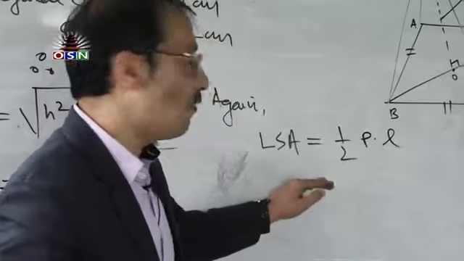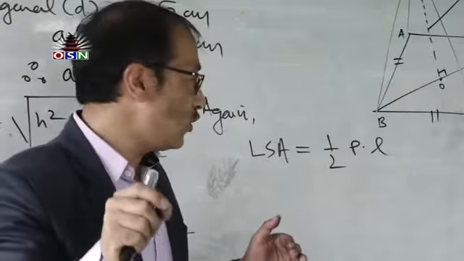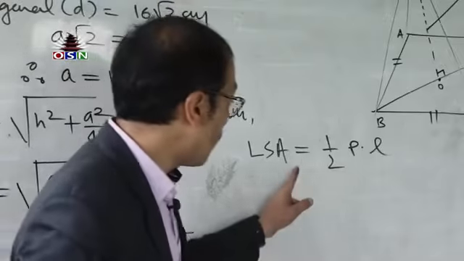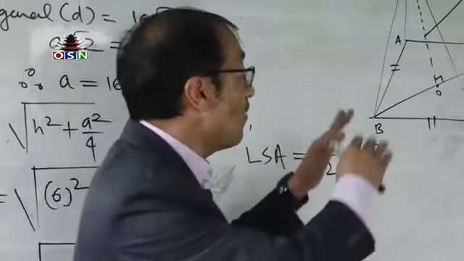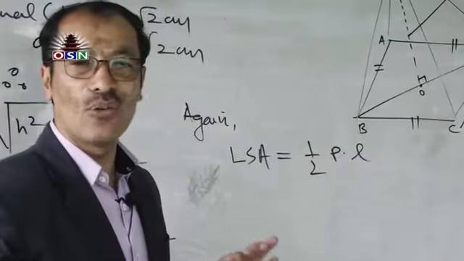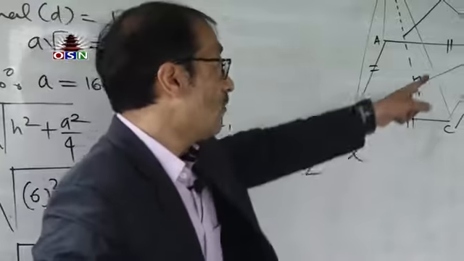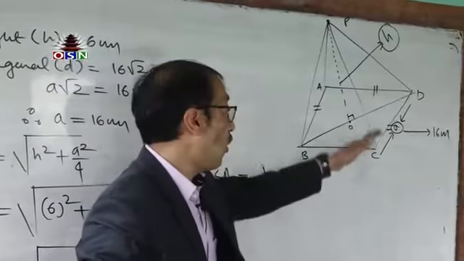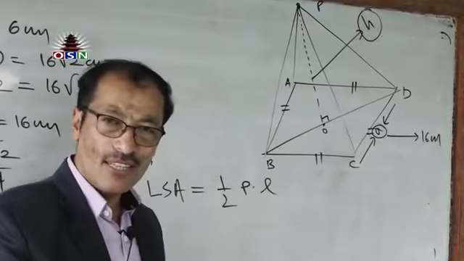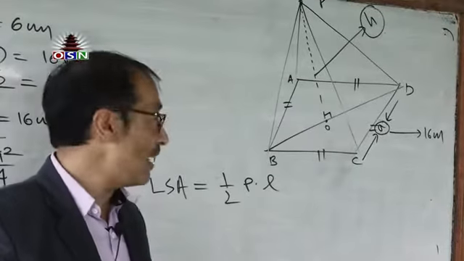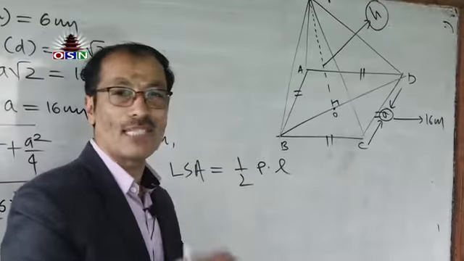This is the formula for lateral surface area. I would like to make you clear: this formula is applied only in case all sides are equal in the base. This is not possible in another case. Here there are 4 sides on the base, so all these 4 sides are equal. If there are 5 equal sides on the base, or 6 equal sides, or 7 equal sides, no matter, but all the sides in the base must be equal.